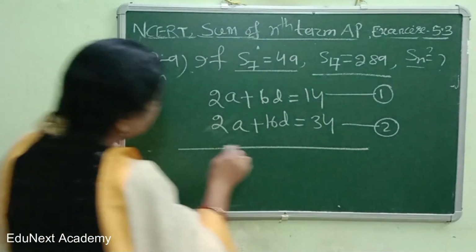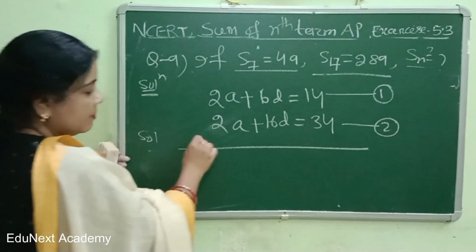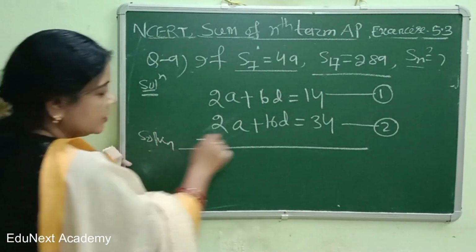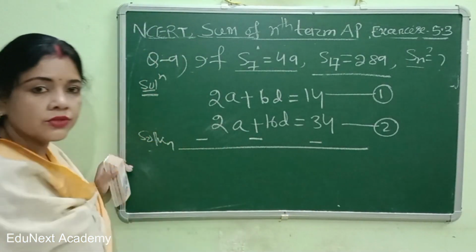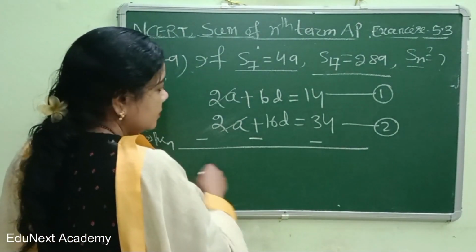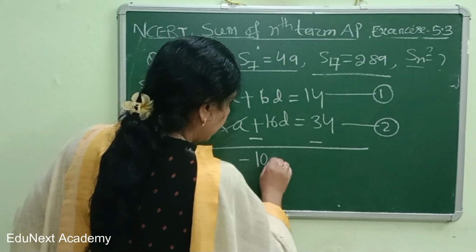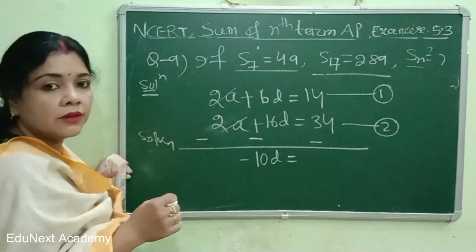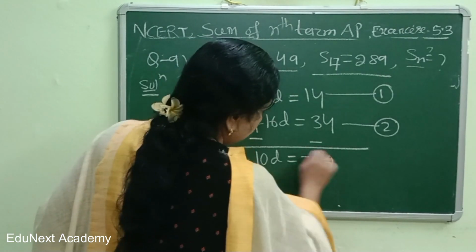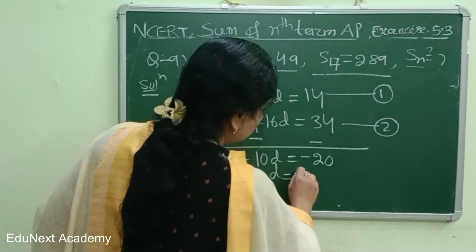Now solving these equations, 2a cancels out, and we get minus 10d is equal to minus 20. Now d is equal to 2.